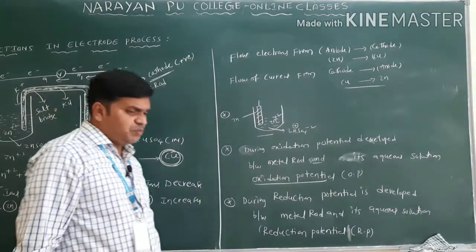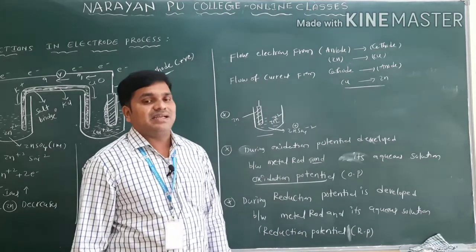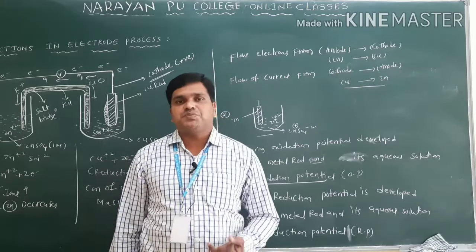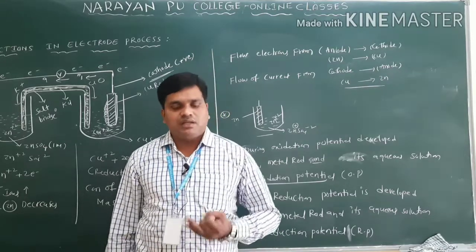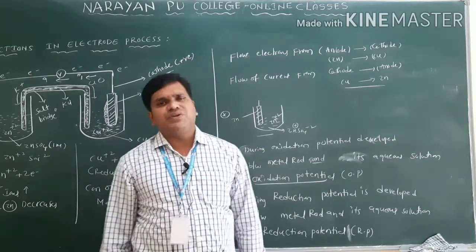Suppose the oxidation potential and the reduction potential are measured at the standard conditions. What are the standard conditions here? Pressure is 1 atmosphere, concentration is 1 molar, and temperature is room temperature, 298 Kelvin, or you can take 273 Kelvin.